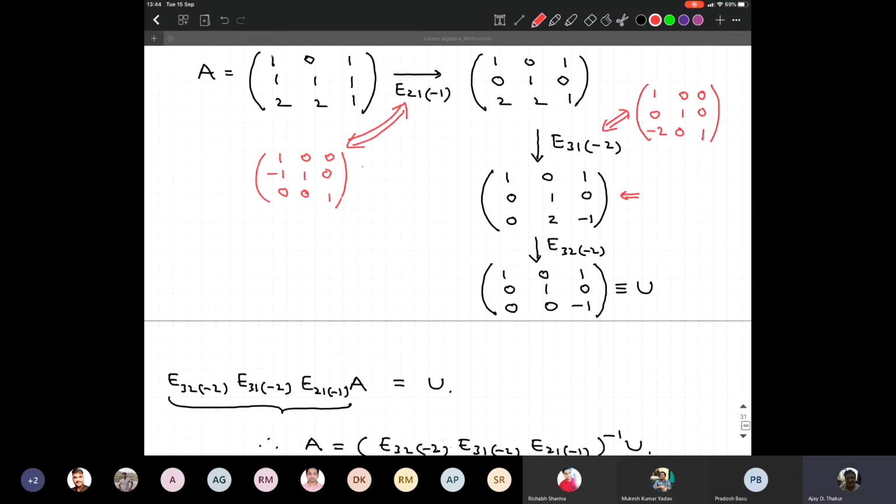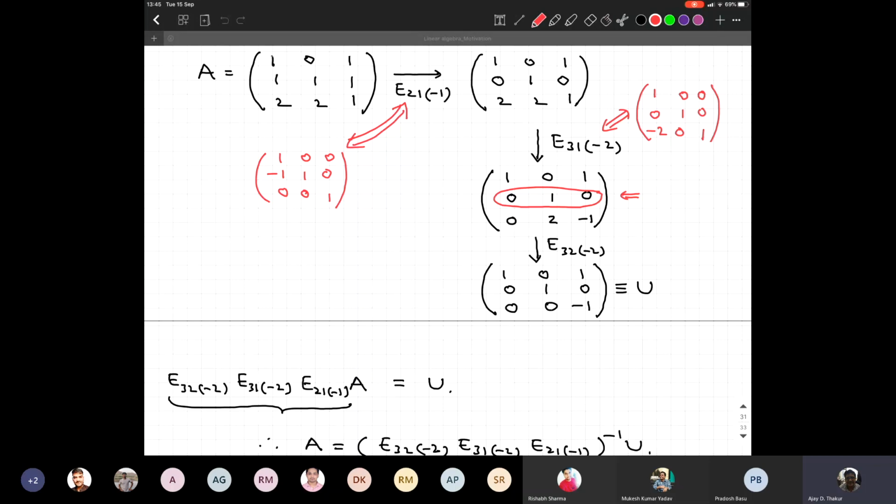So from here now we need to only eliminate the 3 comma 2 element and make it 0, and that can be done by simply using a row transformation E32 minus 2. So here what we are doing is multiplying this specific row with minus 2 and adding it to the third row.